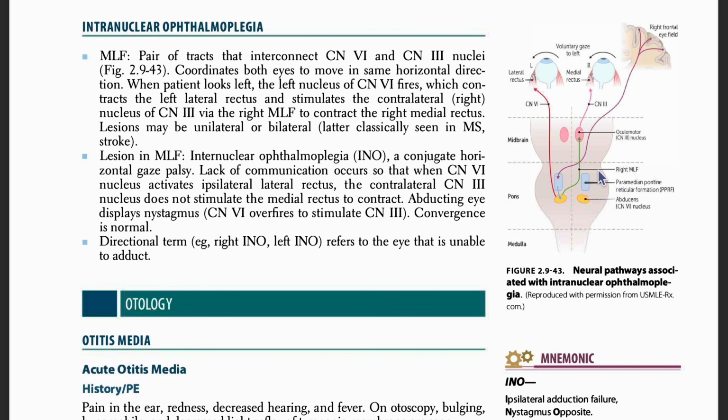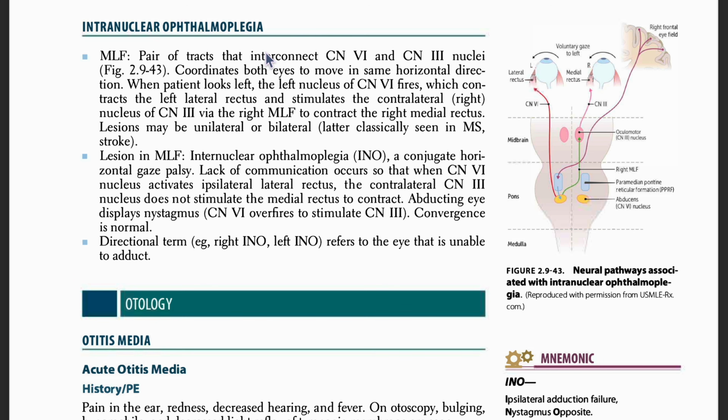Okay, so this is the one that's responsible for, if this eye looks to the right, then this one needs to look to the left for both eyes to go to the right as well. So that thing is done by the MLF, basically, okay? If one eye is moving laterally, the other eye is also told to move medially towards the same direction, basically.